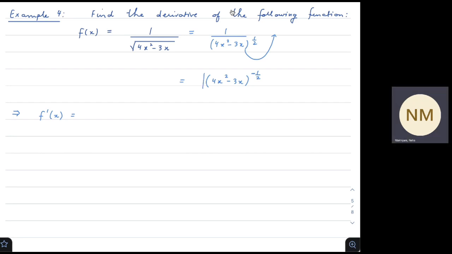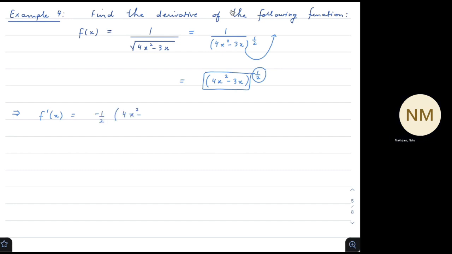This function looks like this box to the power of negative 1/2, times the derivative of this inner layer.